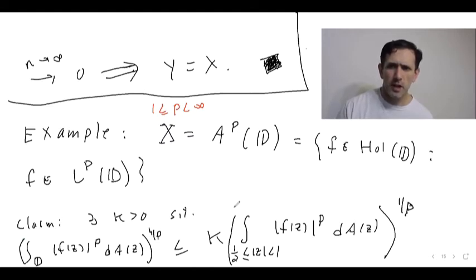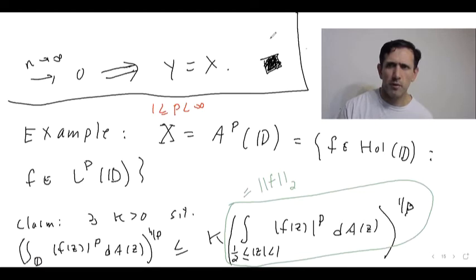Let's say this whole thing here is the second norm, and this is my first norm, and this should be a 1 over p.